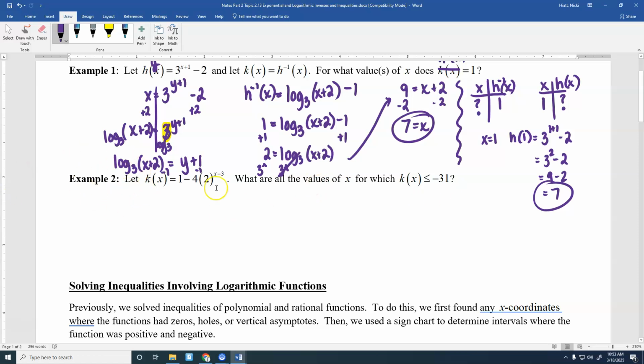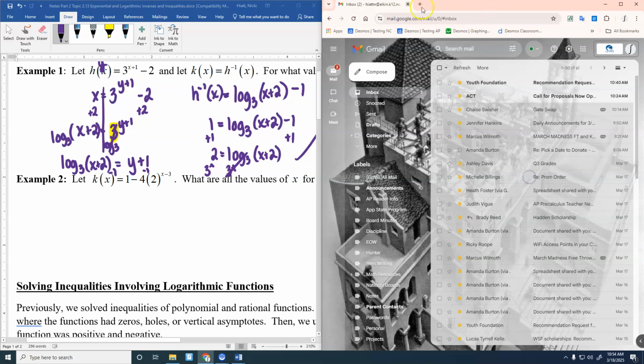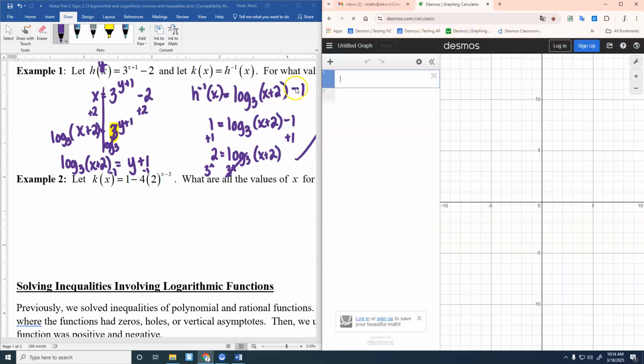So in this case, well, actually, this one's not an inverse problem anyway. I want to know where this function is less than or equal to -31. This one doesn't have a calculator next to it, but let's look at it on Desmos, because sometimes seeing what's happening helps.